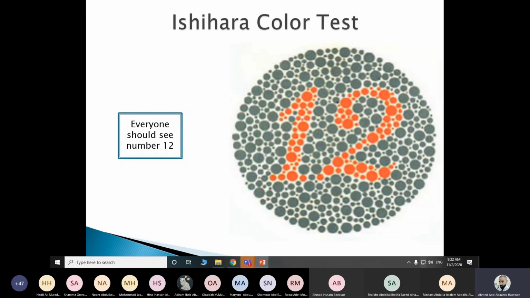If he tells you, I can't see anything, no, everybody, even patients with any kind of color blindness, must appreciate the number 12. Usually this is the last slide in the Ishihara color system.